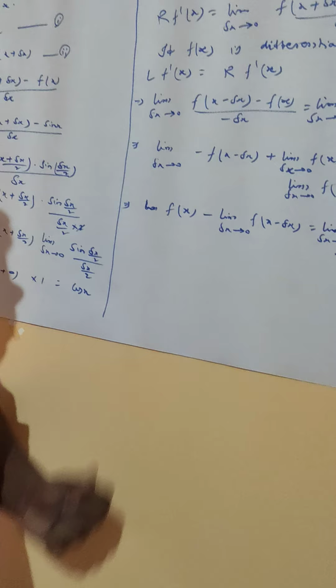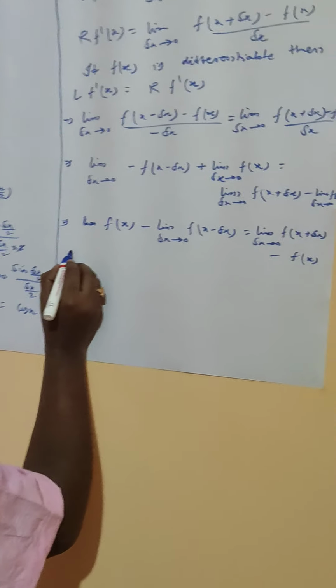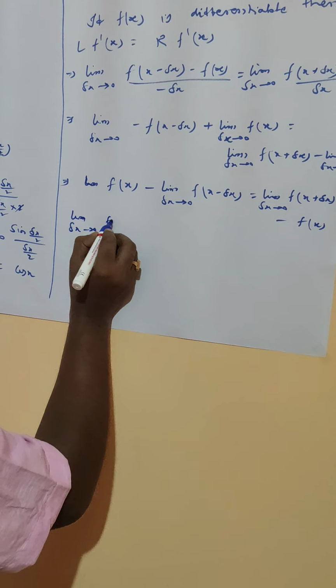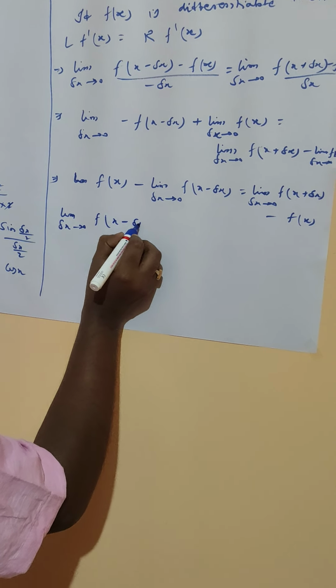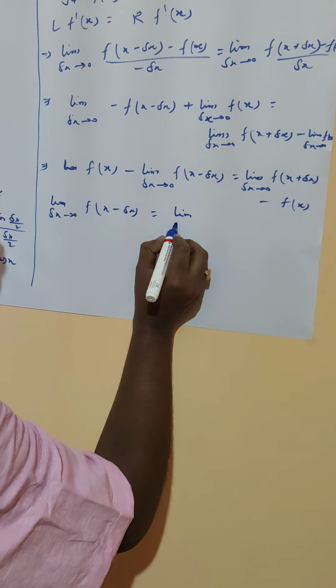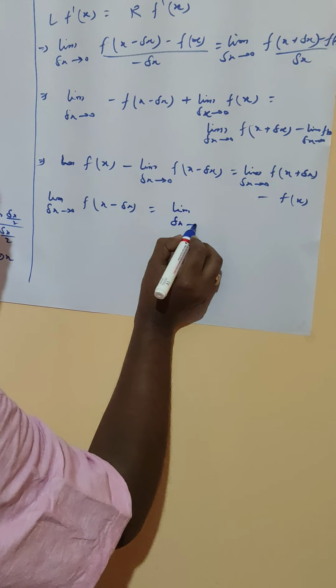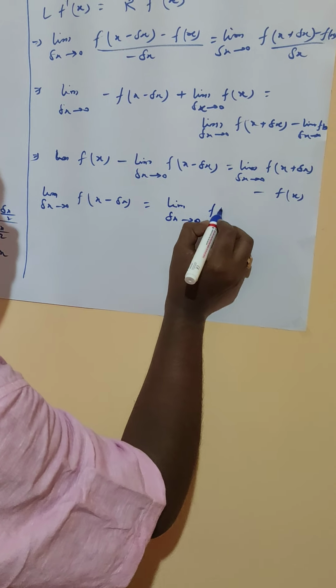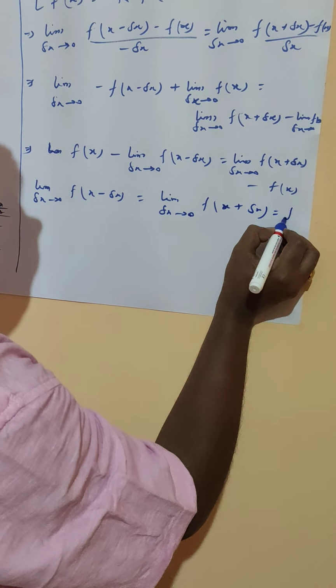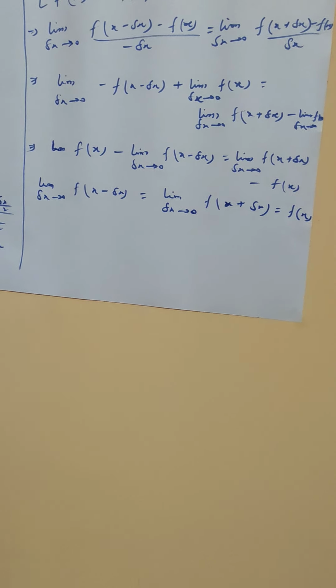And this is possible when limit delta x tends to 0, f of x minus delta x equals limit delta x tends to 0, f of x plus delta x, and this equals f of x.